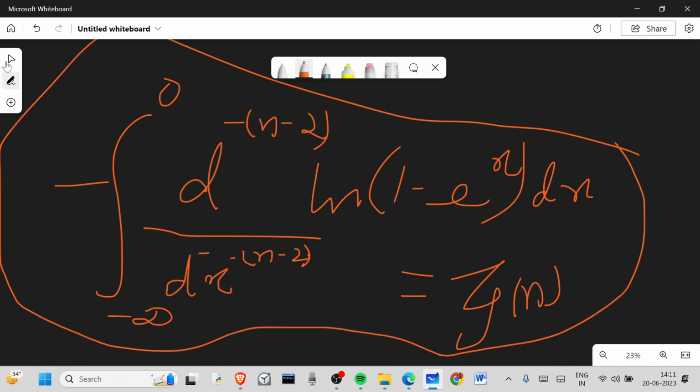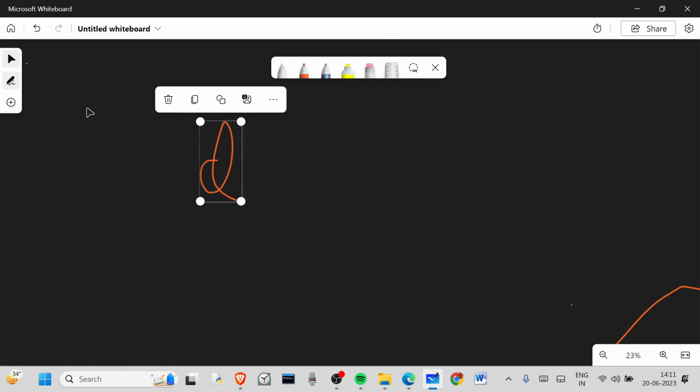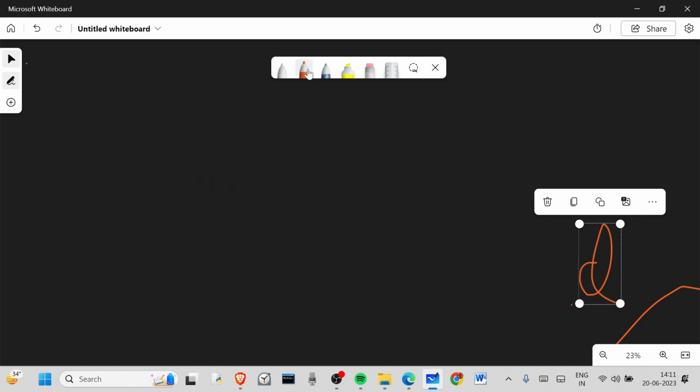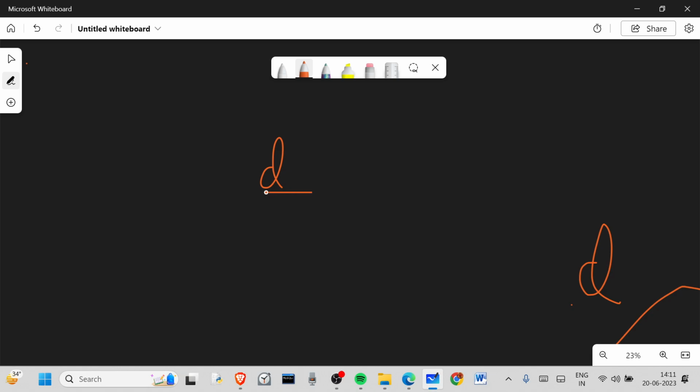And let me repeat the notation of negative derivative kind of thing. Let's start from pretty basics, so that we can make sense of the notation. So this is first derivative d by dx, and second derivative is d square by dx square.